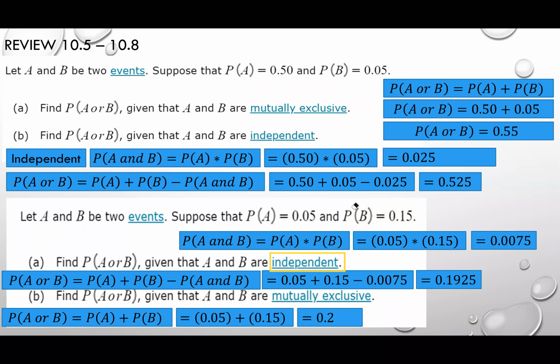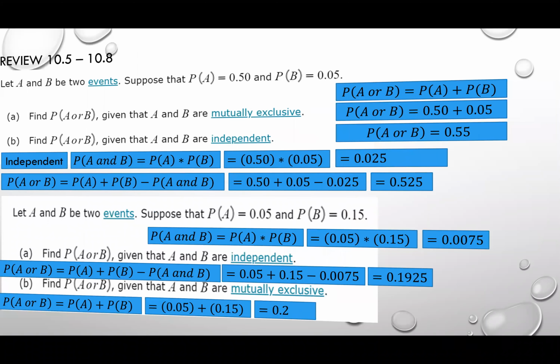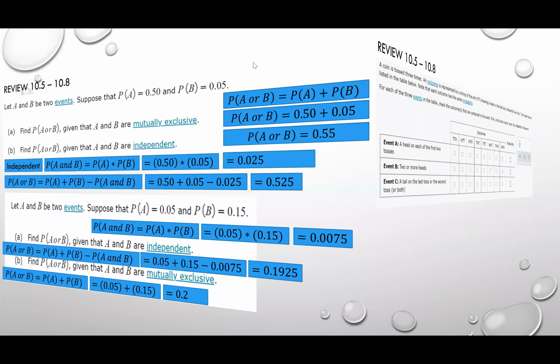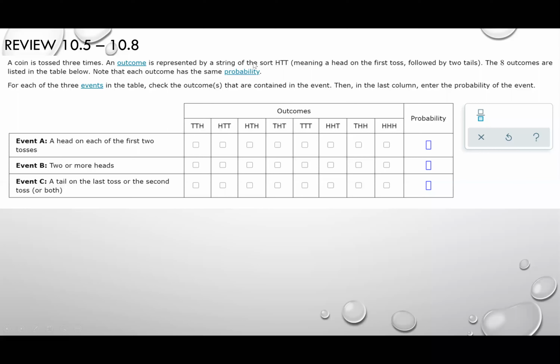All right, let's take a look at the next few problems. With this one, you have to read the words very carefully, ladies and gentlemen. They ask you to mark what fits this description.